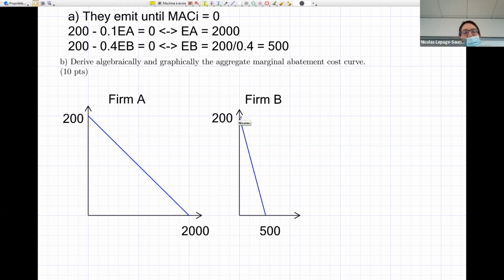Here in this example, I was nice by giving you the exact same intercept. So you don't really have to care all that much about whether you have a kink or not. You don't have one. So as I said, it's not a 400 minus something, because that would be adding the prices. This is a quantity.